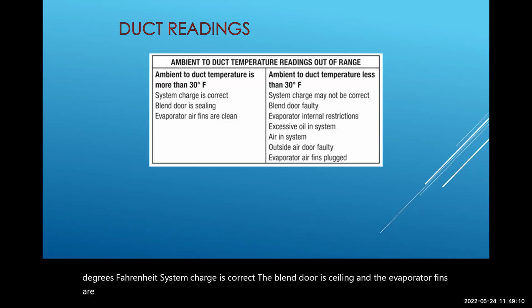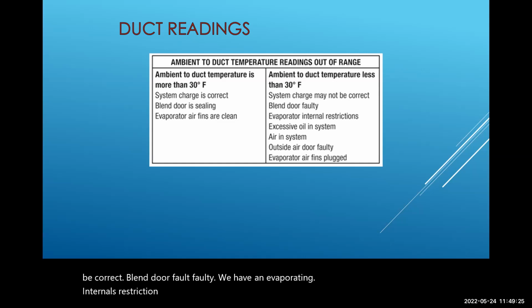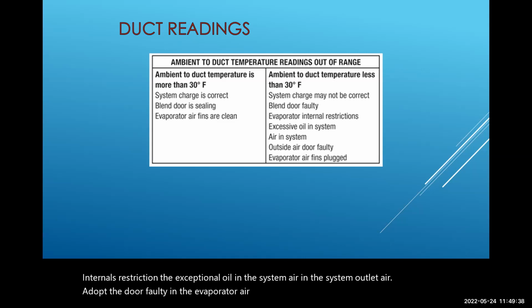If it is less than 30 degrees Fahrenheit, the system charge may not be correct, the blend door is faulty, or we have an evaporator internal restriction, excessive oil in the system, air in the system, outlet air duct door faulty, or the evaporator air fins plugged.